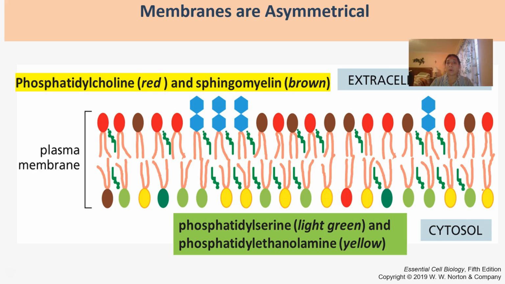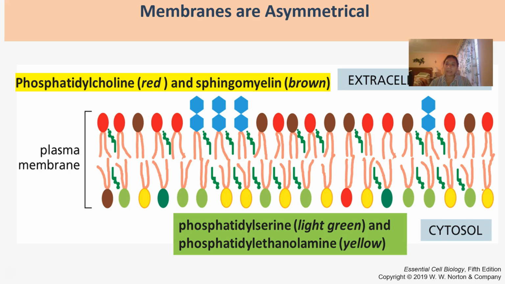In addition, they will also be rich in these sphingomyelins and choline molecules that are attached to the phospholipids. So they will be very specific types of lipids that will be found facing the extracellular space.